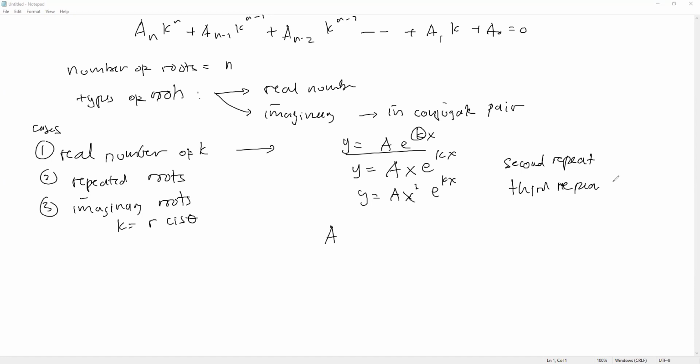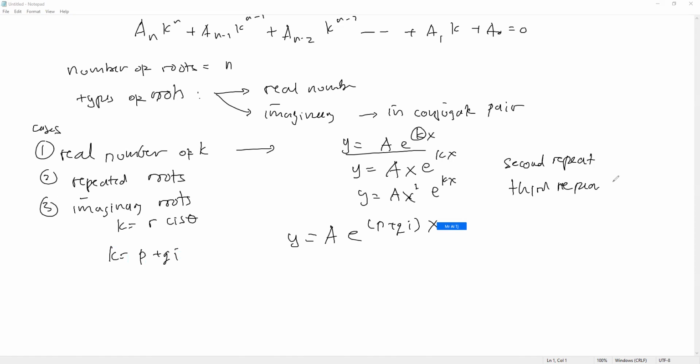So it is possible for us to write them in the form of y is a times e to the power of, I'm going to write k as p plus qi, times x.